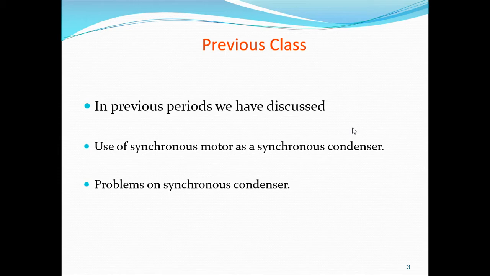According to electricity board norms, the industry has to maintain the power factor at some particular value, that is 0.9 or 0.85. If the power factor reduces below this value, then the industry has to pay some amount to the electricity board. Why? Because the industry draws more power from the supply.